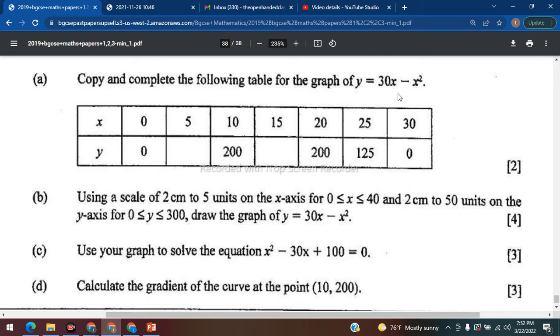So they want us to use this graph to solve this. That sounds so technical. I'm trying to figure out how we do that, and what the similarity is between the two. Use your graph to solve the equation x squared minus 30x plus 100 equals 0.